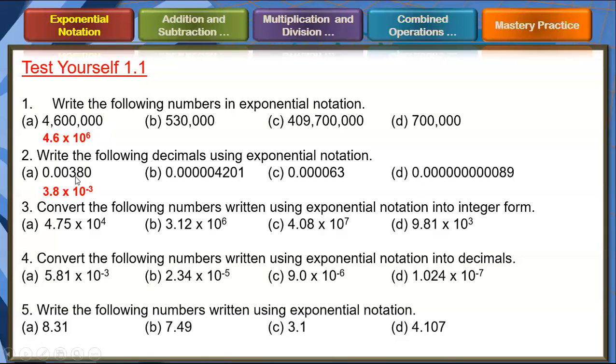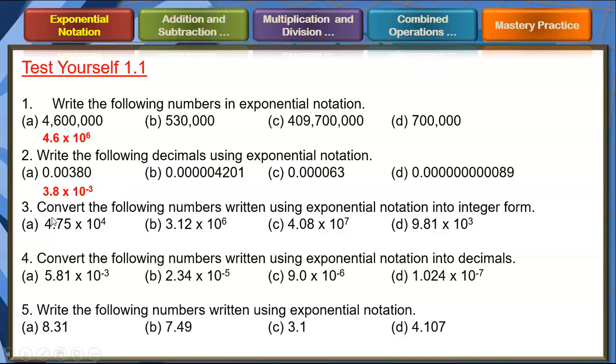So here, we got 3.8. If we move this point, let's count it: 1, 2, 3. So the answer is 3, and as I told you, you have to write negative here because we move it to the right. So 3.8 times 10 raised to negative 3, or 3.8 times 10 to the power negative 3.